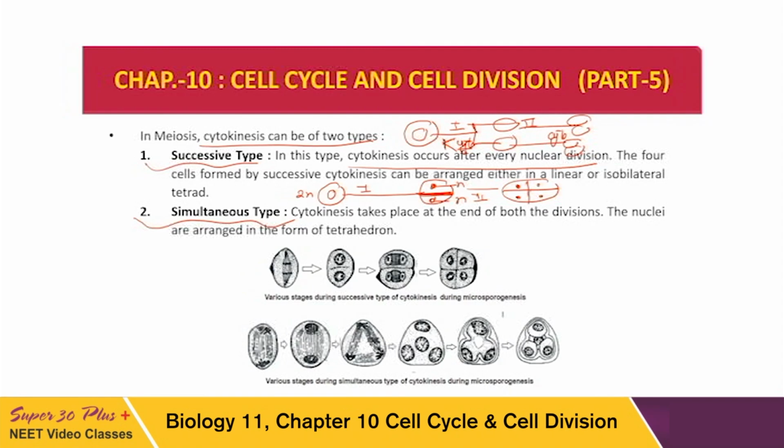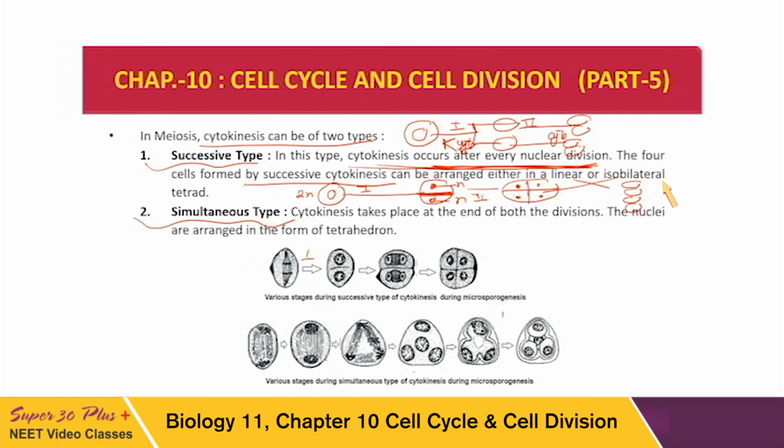Cytokinesis is after every nuclear division, the first nuclear division and the second nuclear division. The four cells formed by successive cytokinesis are either arranged isobilaterally, like this, or arranged in a linear fashion, linearly arranged. You can see the diagram here.